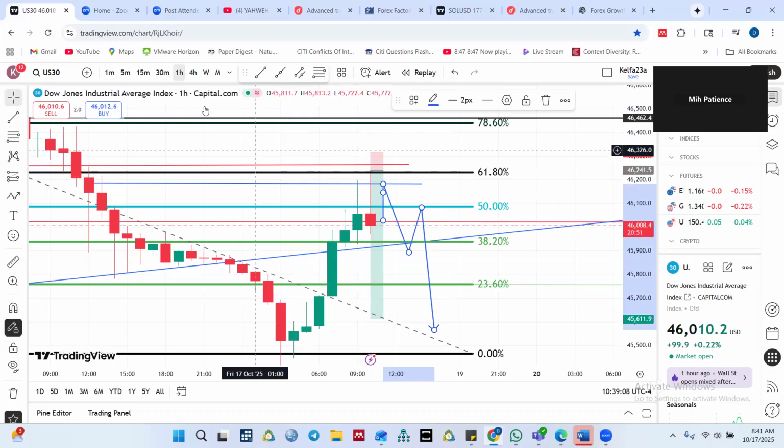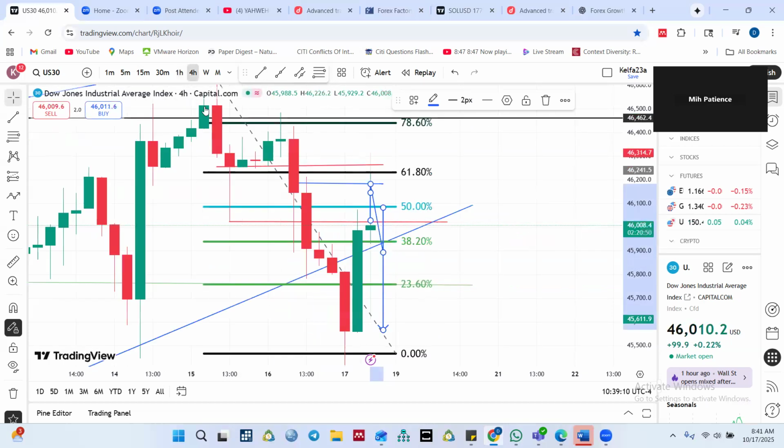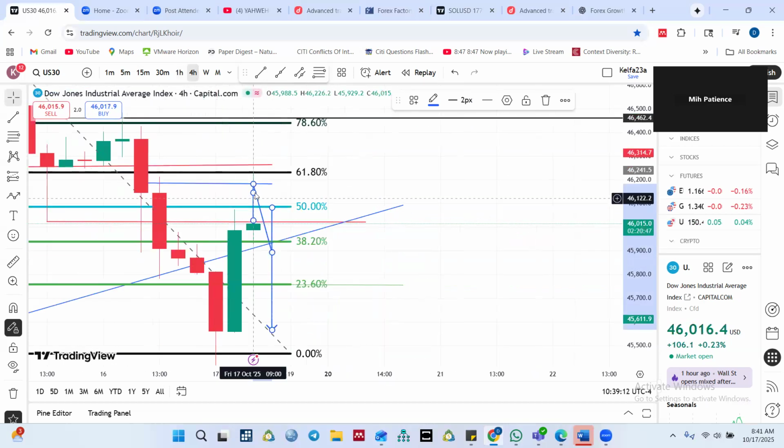So let's see, and probably on the 4 hour. I like to see the 4 hour candle close bullish. The current 4 hour candle has about 1 hour 30 minutes to close, so I have to wait. And today is Friday, so the trade might be slow.